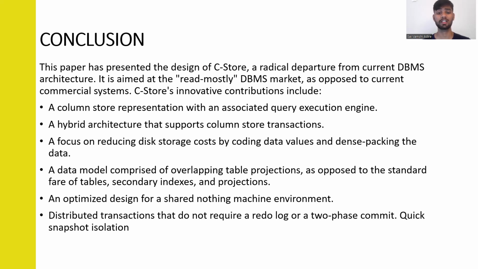We have looked at the transactions architecture as well, and a focus on reducing disk storage costs by coding data values and dense packing the data. A data model comprised of overlapping table projections as opposed to the standard pair of tables, secondary indexes, and projections. An optimized design for a shared-nothing machine environment. Distributed data transactions that do not require a redo log or a two-phase commit. Quick snapshot isolation.